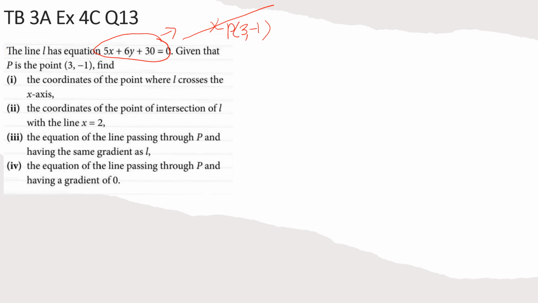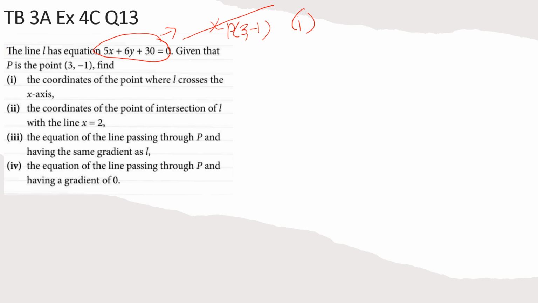So what are we supposed to do for part 1? You are asked to find the coordinates of the point where L crosses the x-axis. This line has a name, line L. So remember what we have done earlier on. Points that lie on the x-axis are very peculiar because the y coordinate is 0.